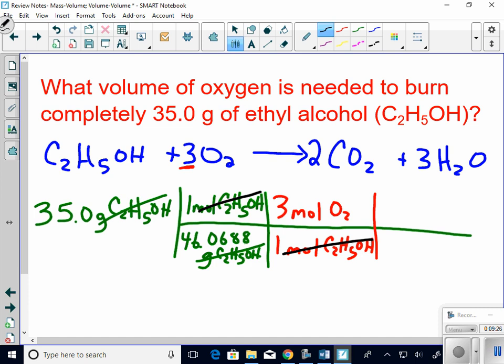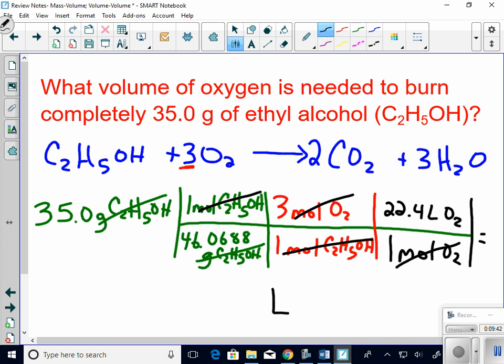Final part is converting that back into a volume. Well, I know that 1 mole of oxygen has 22.4 liters of oxygen. Moles of oxygen cancel. Final answer is going to be in liters of oxygen. Once again, I multiply by the stuff on top, then I divide that by what is on the bottom.